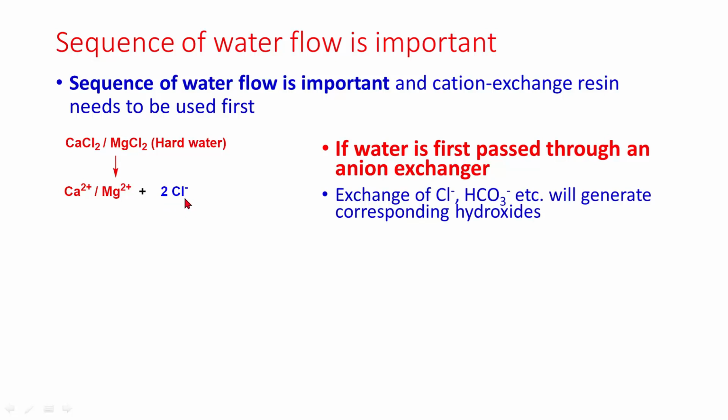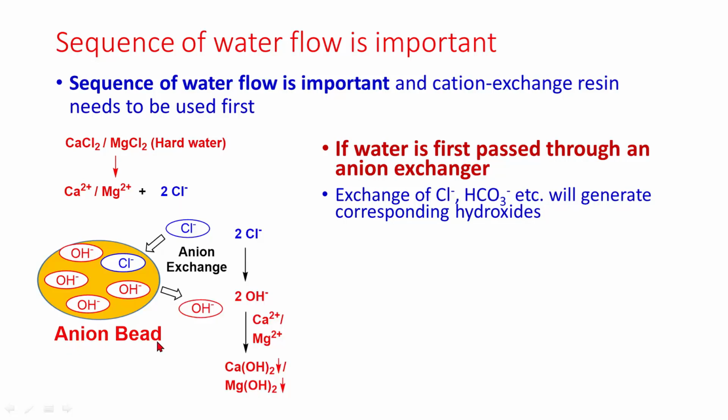So exchange of chloride or bicarbonate ions will generate the corresponding hydroxide. This is an ion bead which contains hydroxide exchangeable with chloride ions. So hydroxide will be released to water.